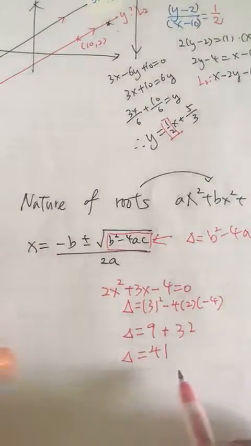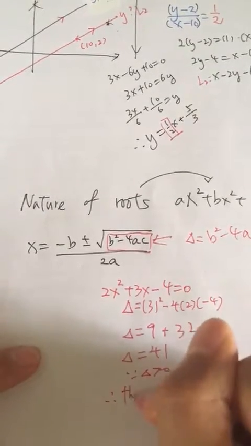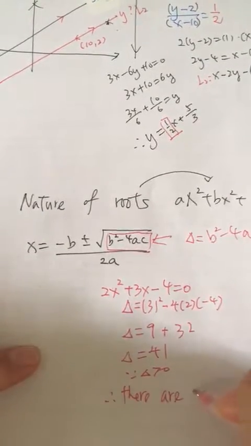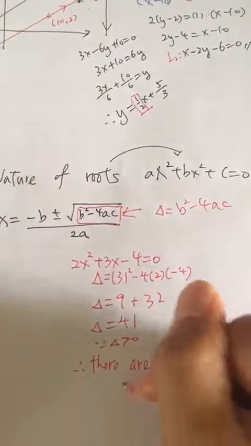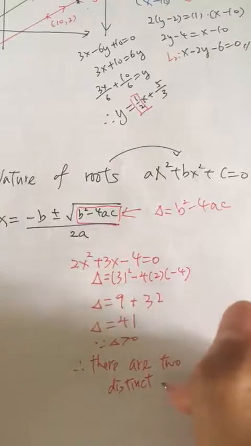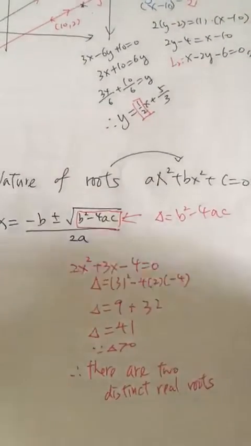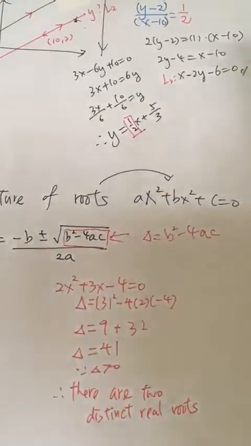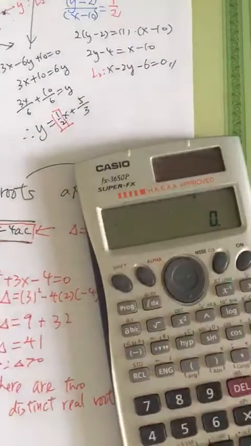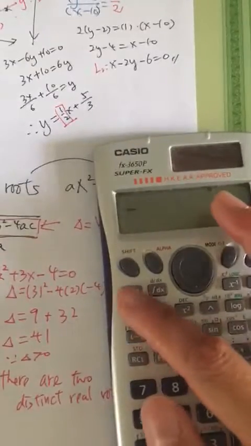Because it is greater than 0, we know there are two distinct real roots. There should be two roots of this equation. If we use this idea, you can check.